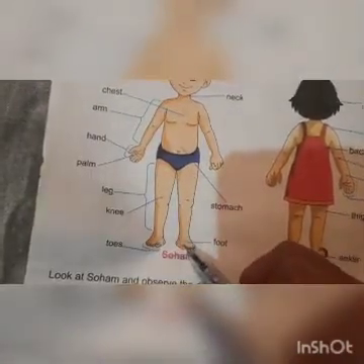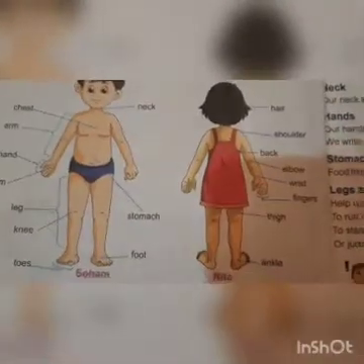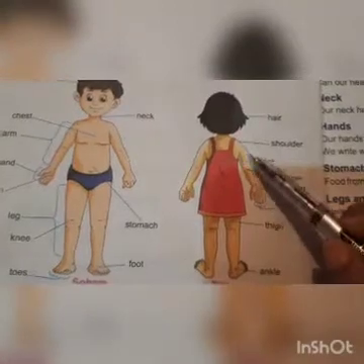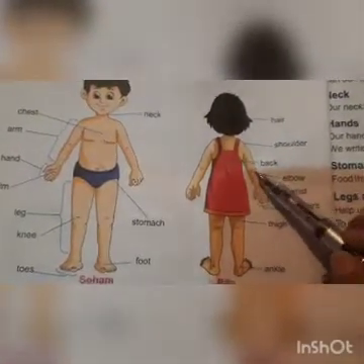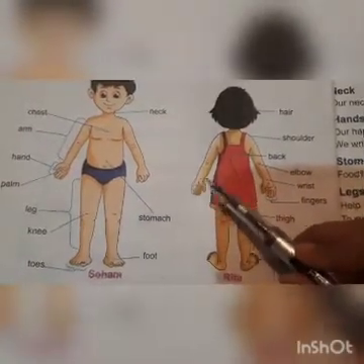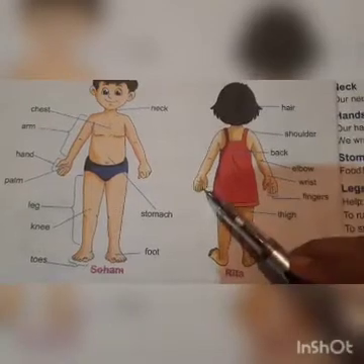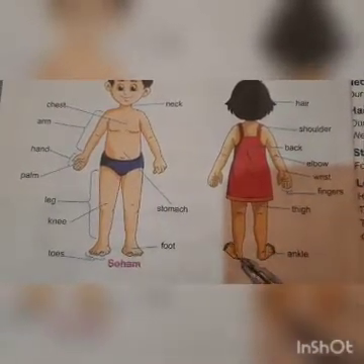This is foot. This is stomach. This is hair. This is shoulder. This is back. This is elbow. This is wrist. These are fingers. This is thigh. This is ankle.